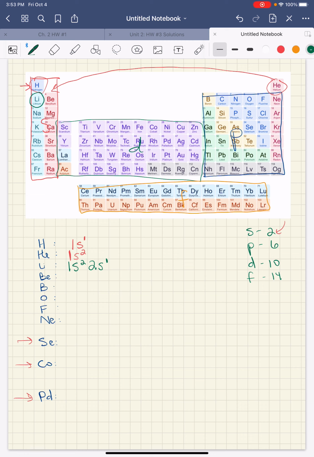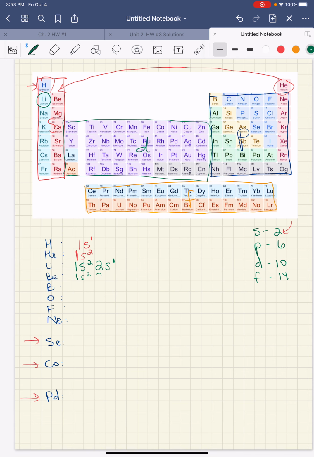For beryllium, it's going to be very similar, 1s2, so that's where beryllium's first 2 electrons will go, and then the second 2 will go to 2s2. Again, S can only hold 2 electrons, so I can't put any more in 2s, which means we have to go from 2s for the next element over here to 2p.